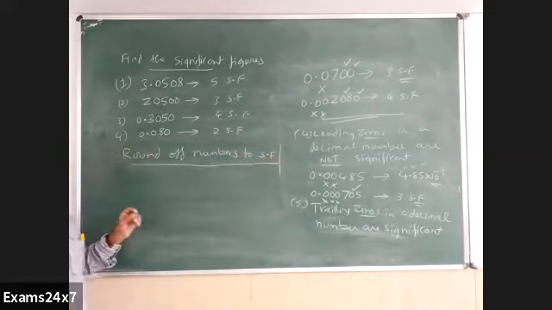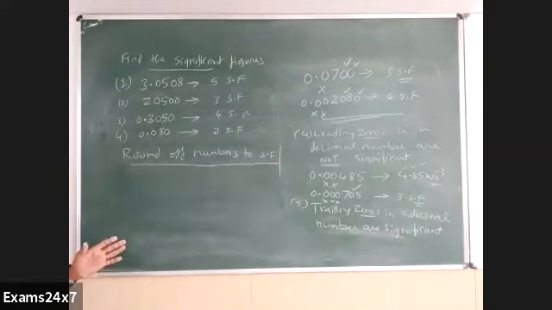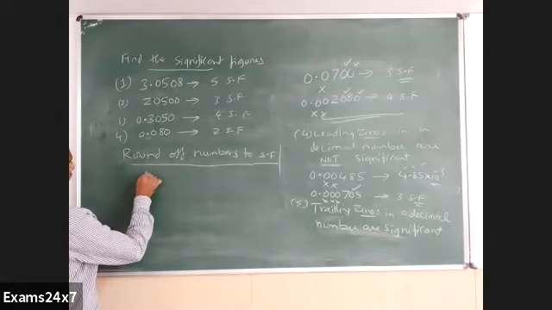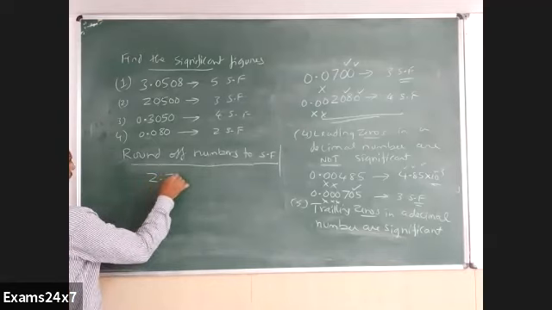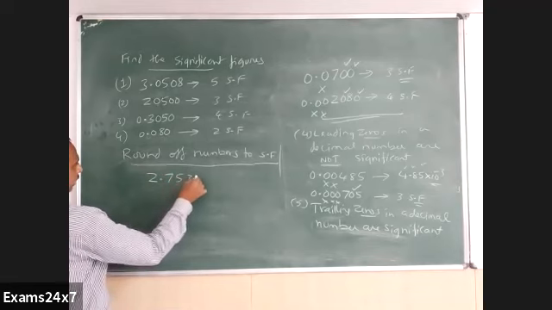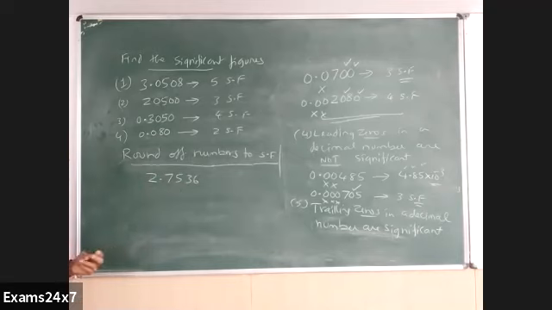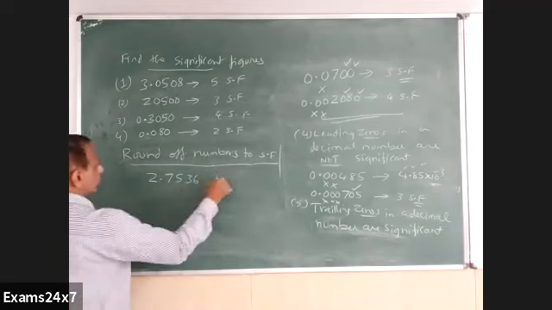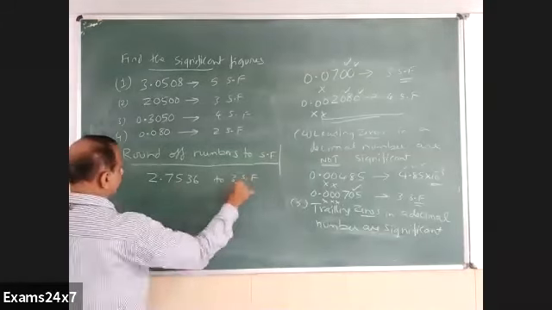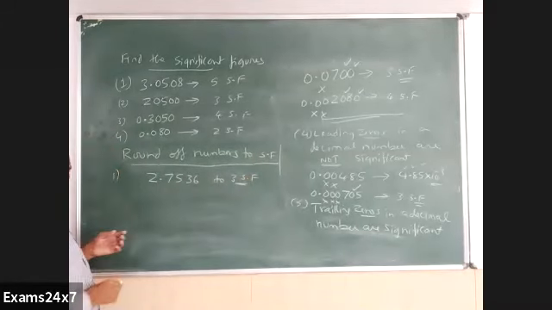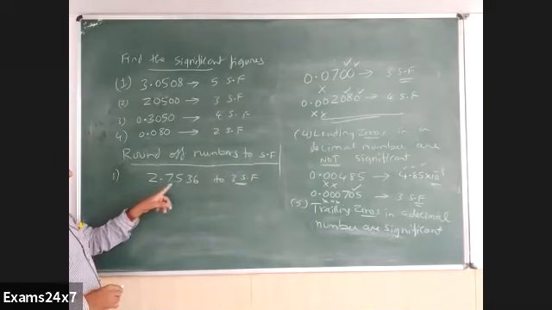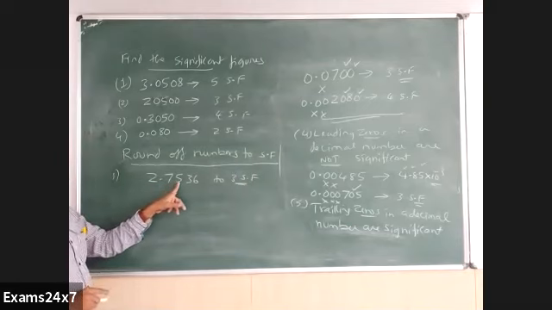Round off numbers to significant figures. Following the simple common sense rules you have learned in high school about this. Like I have a number 2.7536. I want it to be rounded off to 3 significant figures. What is the rule? The third one is the 5th one here.